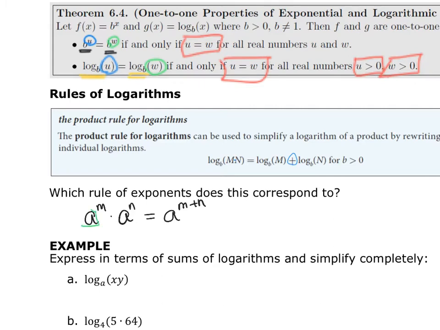Notice I am multiplying my bases and I am adding my exponents. That's the same thing I'm doing here. These m and n's, remember, both m and n are exponents. That means I can break them apart with addition.